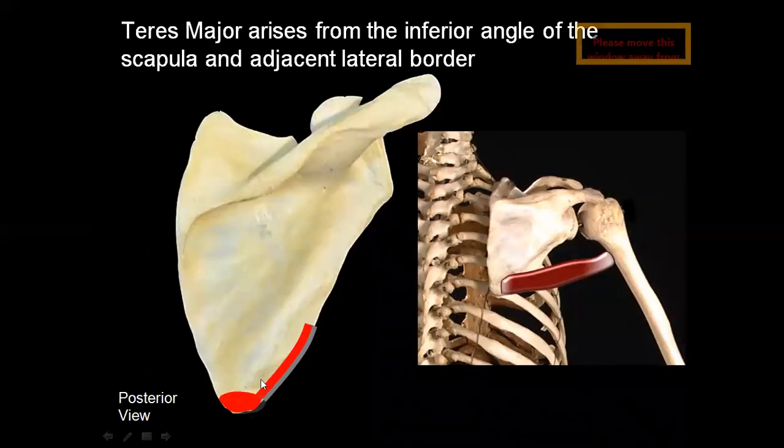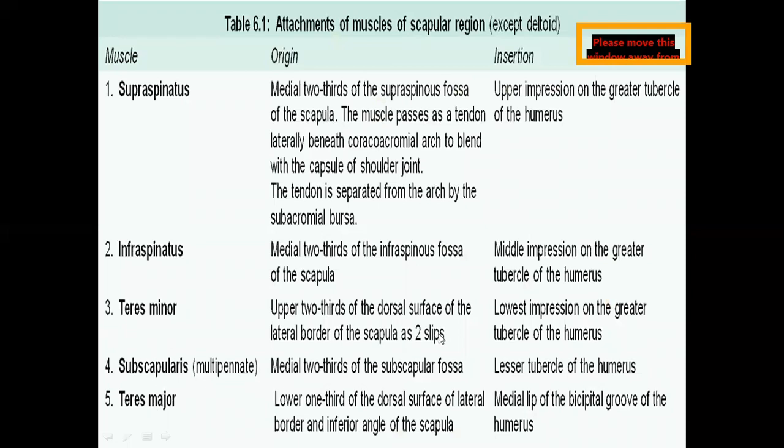Teres major arises from the inferior angle and also the adjacent lateral border. You can see this is teres minor, whose insertion is the lowest impression of the greater tubercle of the humerus. Teres major inserts into the medial lip of the bicipital groove of the humerus. Subscapularis arises from the subscapular fossa and goes to the lesser tubercle.